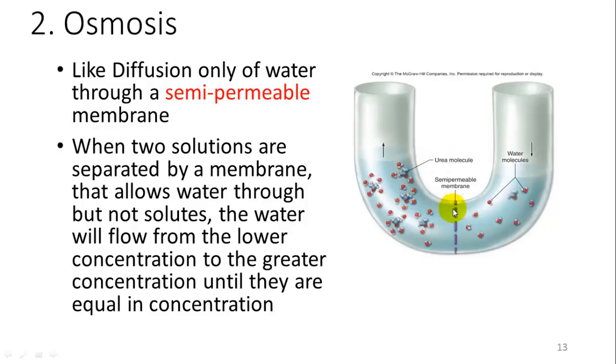It cannot fit through these pores, this semi-permeable membrane, but the water can fit through. And so to even out the concentration, the water will flow from this lesser concentration to the greater concentration until the two concentrations are equal.